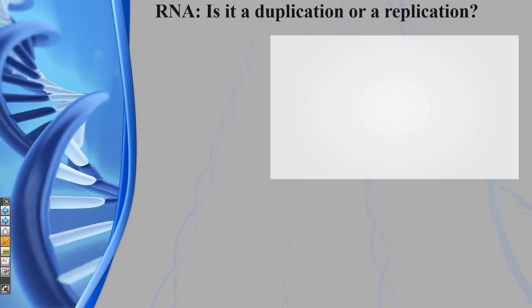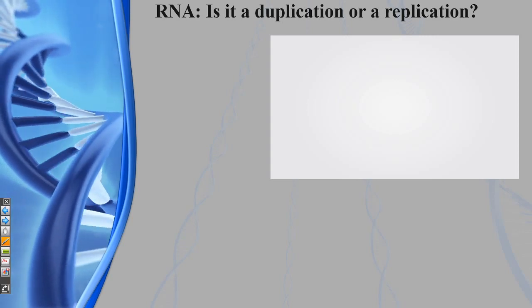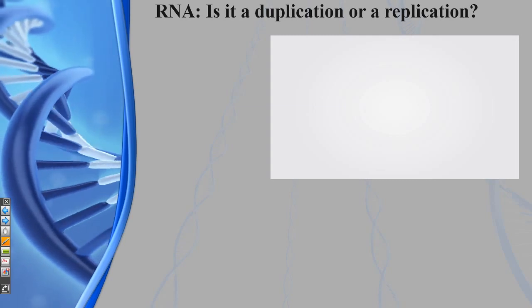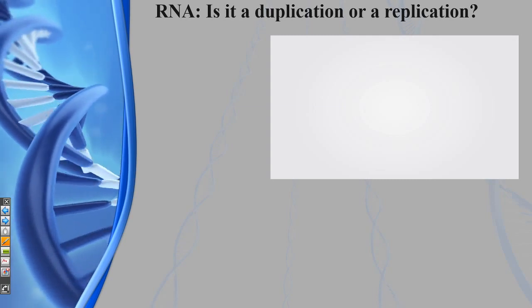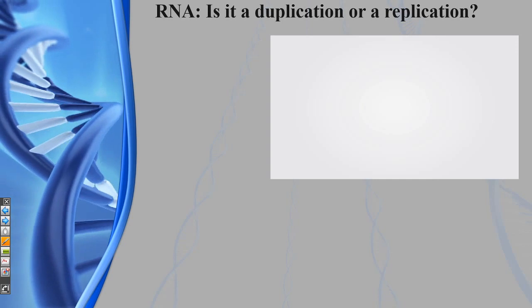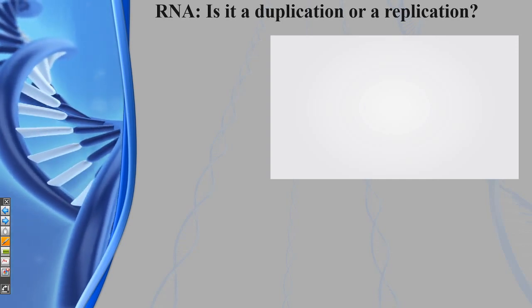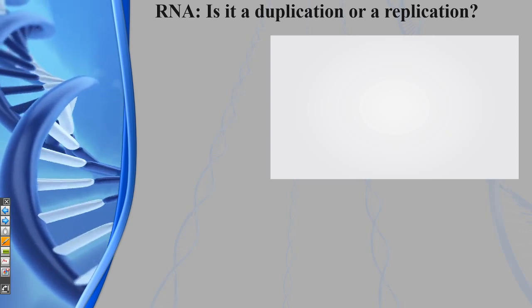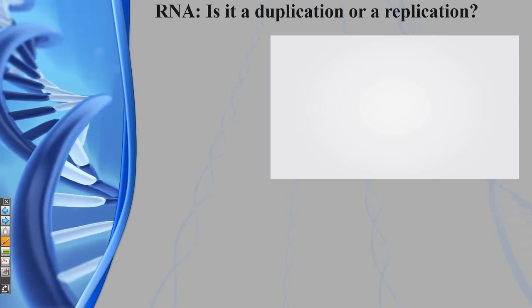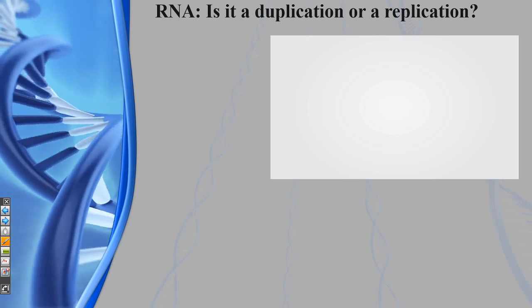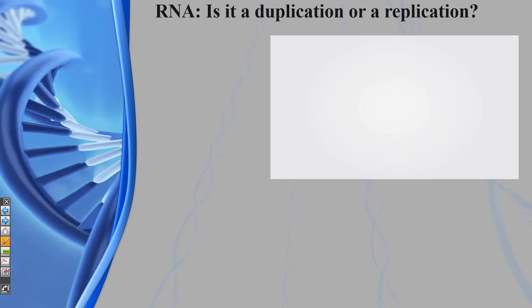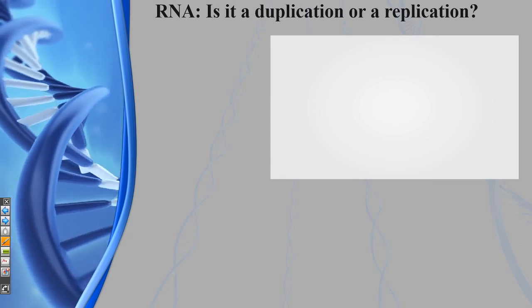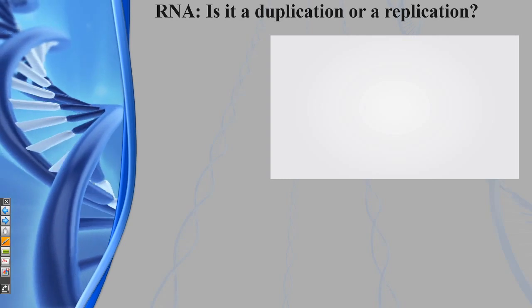Okay, all right, so let's look at this one little video. After we look at this video, we'll talk about it. Duplication or replication? Replication. What's a duplication? It's a copy of the original.